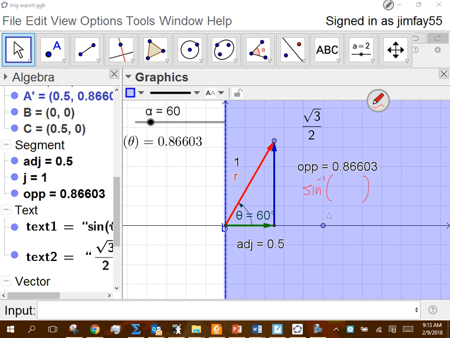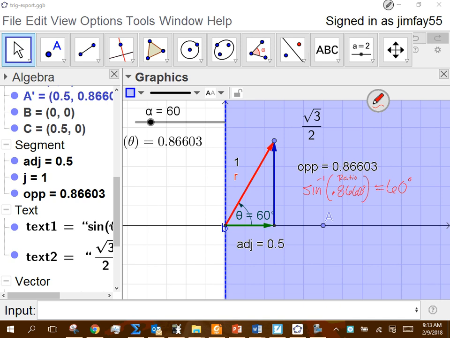Let's say of 0.86603, which is the root 3 over 2, and our calculator is going to spit back 60 degrees, right? Would you guys all agree with that? This ratio right now is a positive number, correct? Is there anywhere else in the coordinate plane that the ratio for sine is also positive?